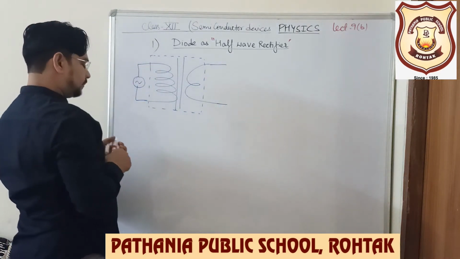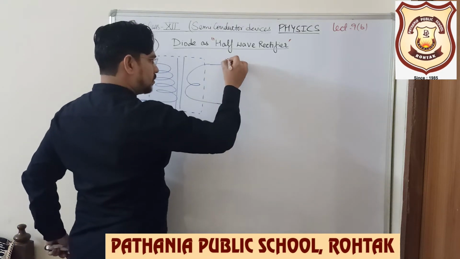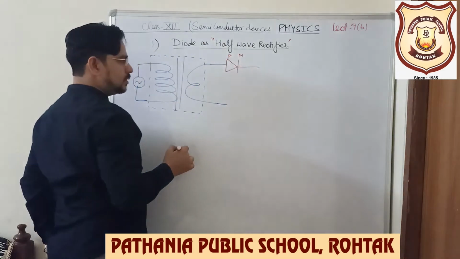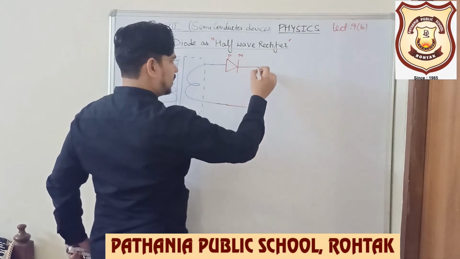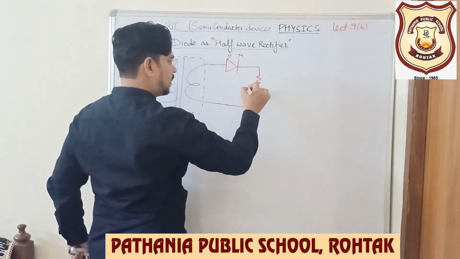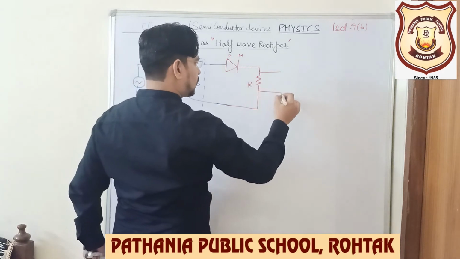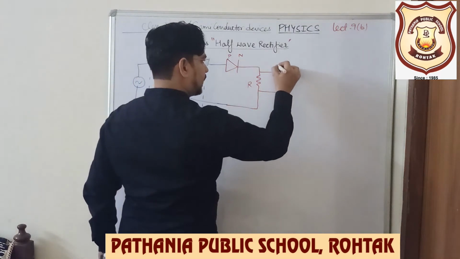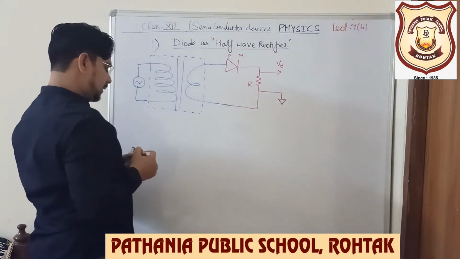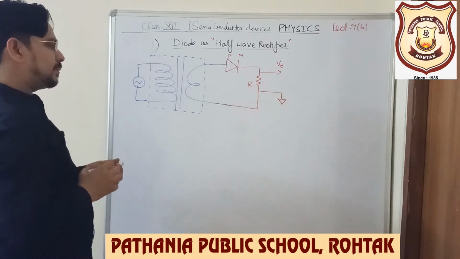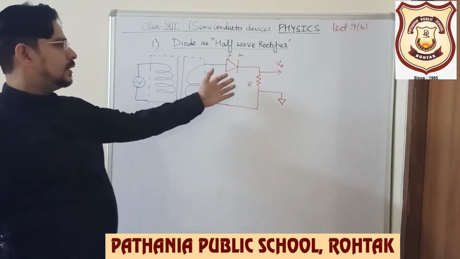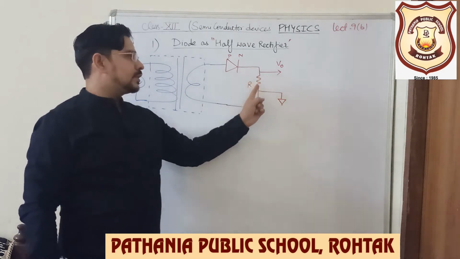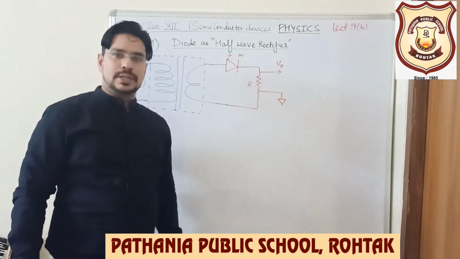Now if I connect one diode like this, with this as the P type and this as the N side of the diode, and then connect a load resistance R, and across the terminals of this load resistance I consider one terminal as ground and take my output from the other terminal, then this is my circuit for a half wave rectifier. Quite simple. The transformer circuit is in blue, and with red I have drawn the rectification circuit, in which we have only one diode and one load resistance across which we measure the output voltage.